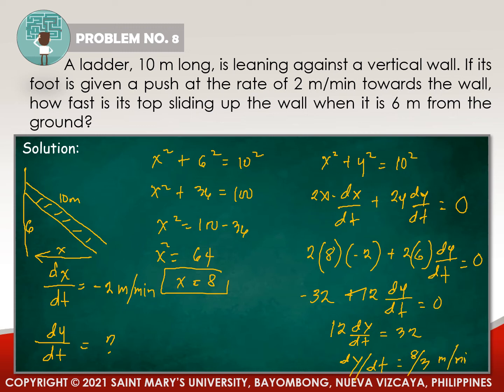As you can see, positive siya, kasi sabi nga doon sa problem, the top is sliding up. Okay, pataas. So, ibig sabihin, nag-i-increase yung distance from the ground to the top of the ladder. That is why the rate is positive. So, 8 over 3 meters per minute, or kung ide-decimal, it will be equal to 2.67 approximately.